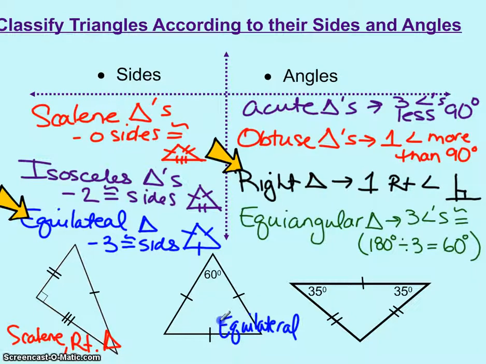And because it has three angles that are the same, and we know that 3 equal angles is equiangular, 180 degrees divided by 3 is 60. We know that we can call it equiangular. We also can call that acute, right up here. So generally speaking, most people call that triangle an acute equilateral triangle, but you could also call it equiangular.